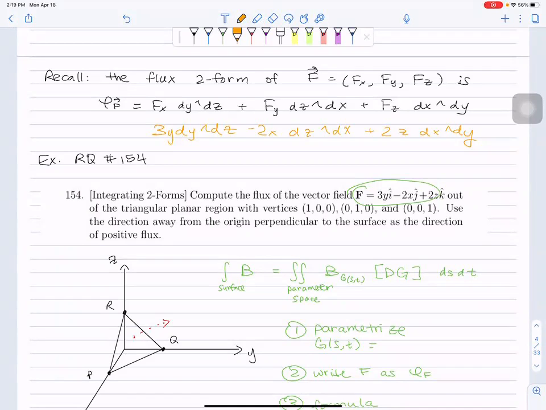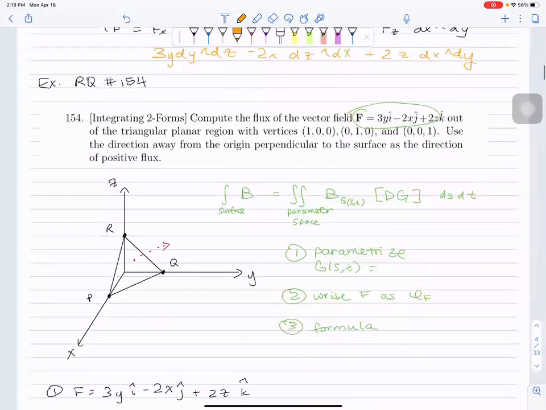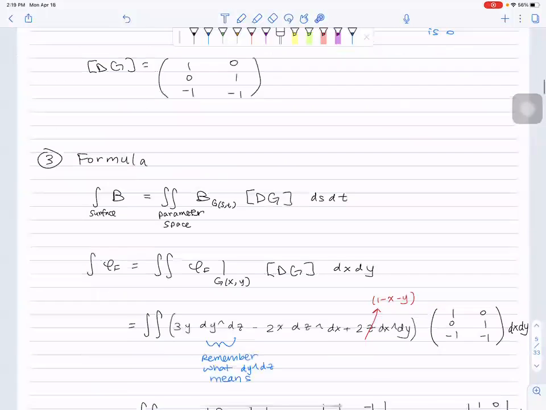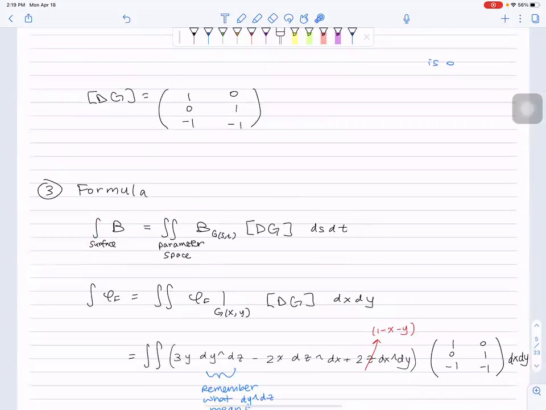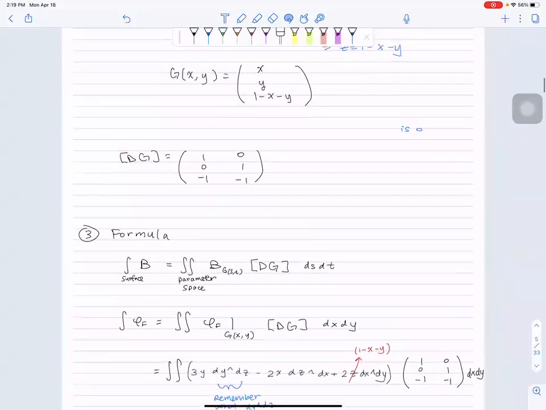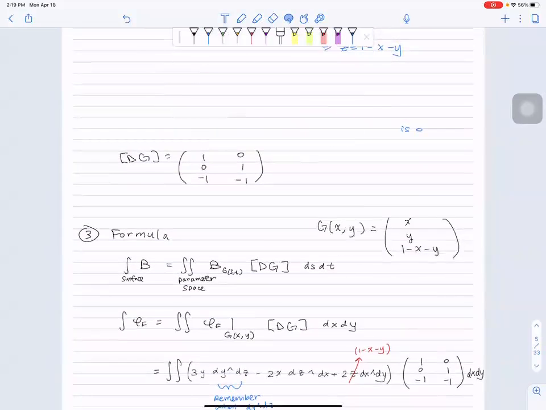So now we have a parameterization that works, we have our 2 form, and now we follow our formula. Our formula is this green one, which I have down here. We write our 2 form with the parameterization plugged in. Why don't I move our parameterization down a bit so we can see?